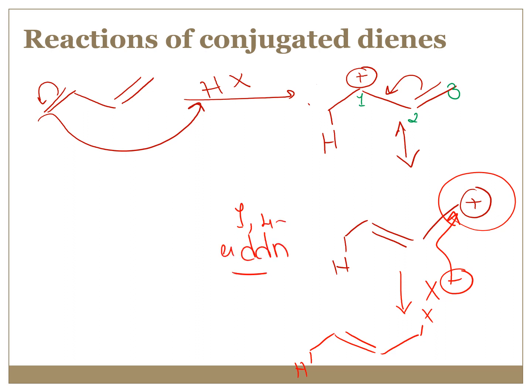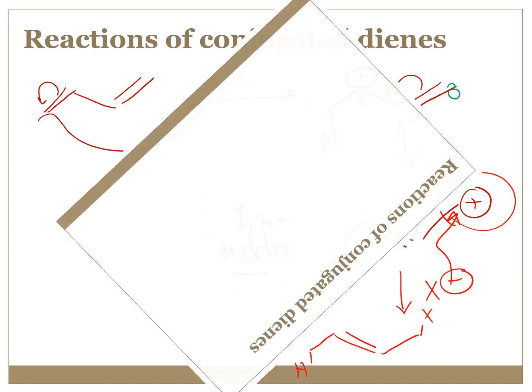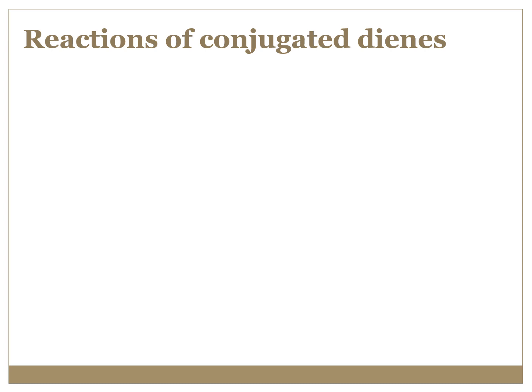So when do we get a 1,2 addition and when do we get a 1,4 addition? If you have your conjugated diene and you add a hydrogen halide to it, you can have two conditions.